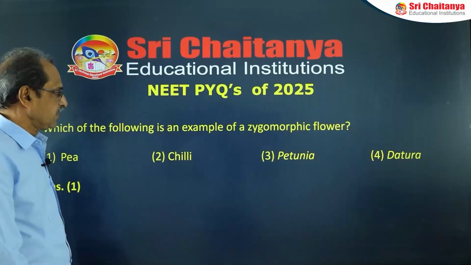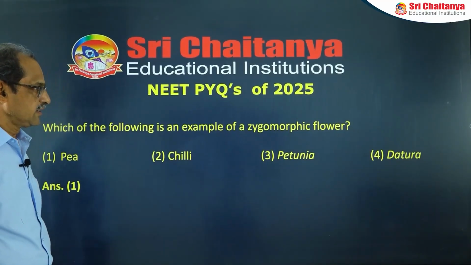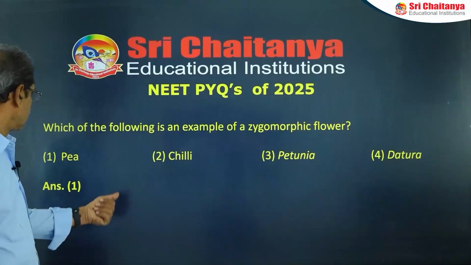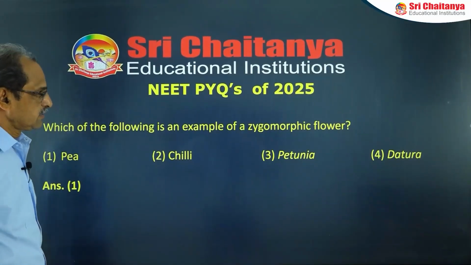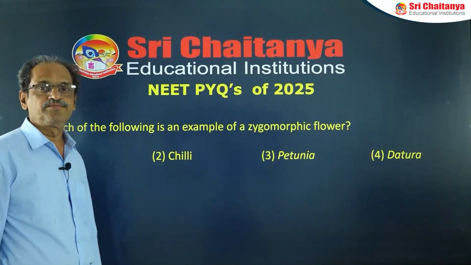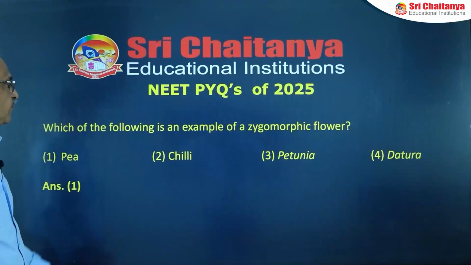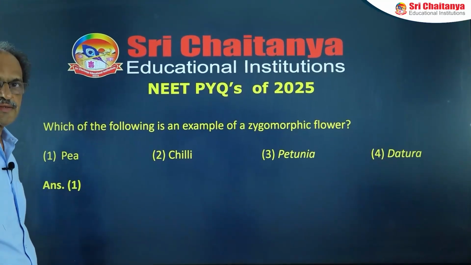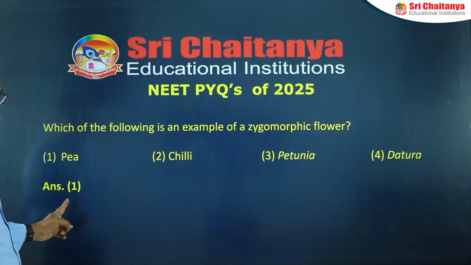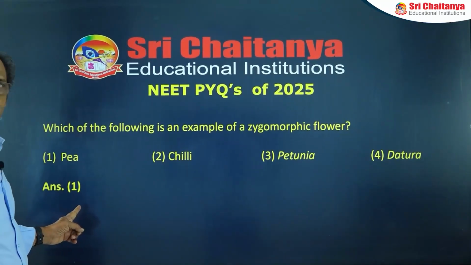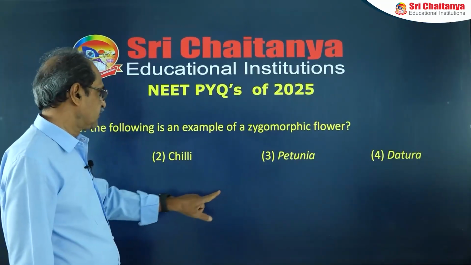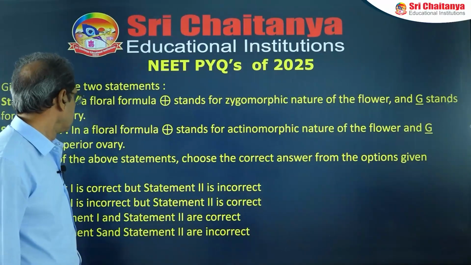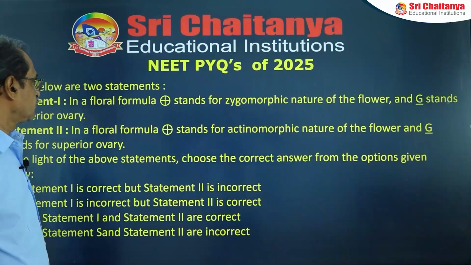And here I am giving the questions which were already asked in the years of NEET examination. This is the question on symmetry of the flower given in 2025. The question and answer are both here. The next one is another statement type of question in 2025.